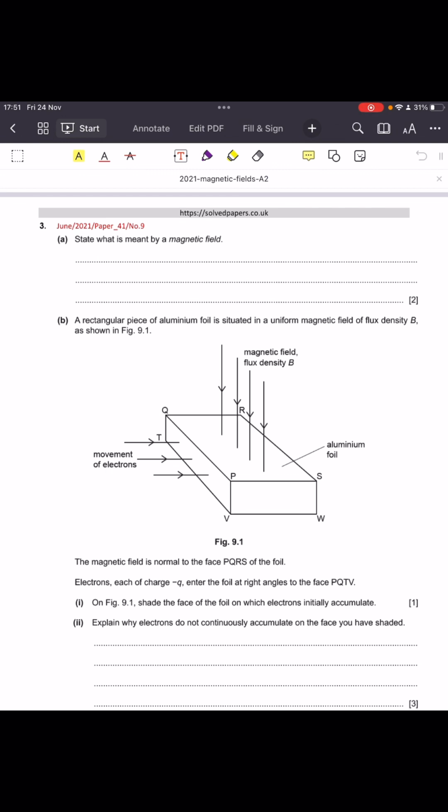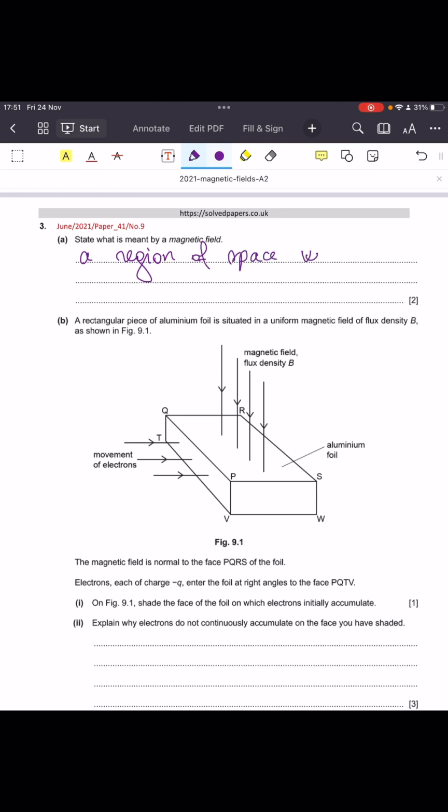The question starts by asking what is meant by a magnetic field, and I think you should all know by now, if you are studying A-level physics and magnetic fields, that a magnetic field is a region of space where a moving charged particle experiences a force.